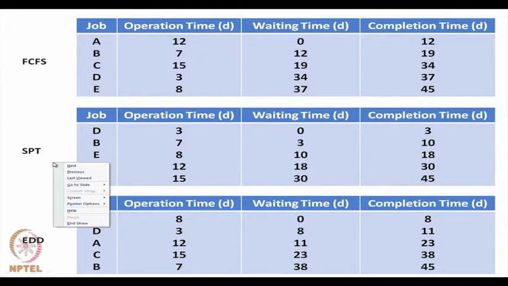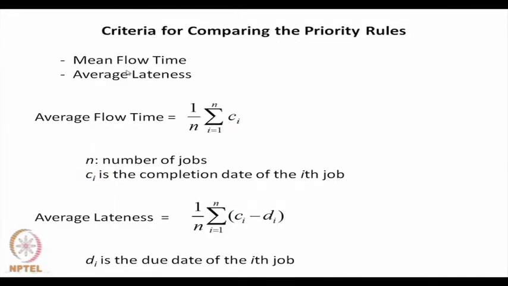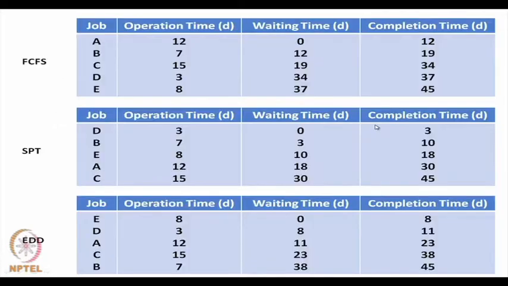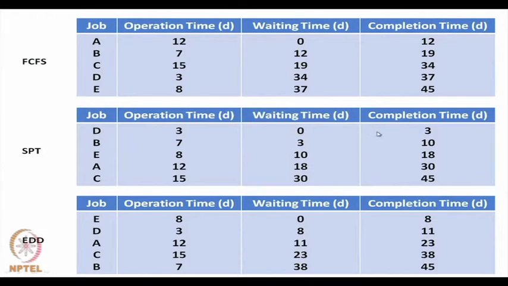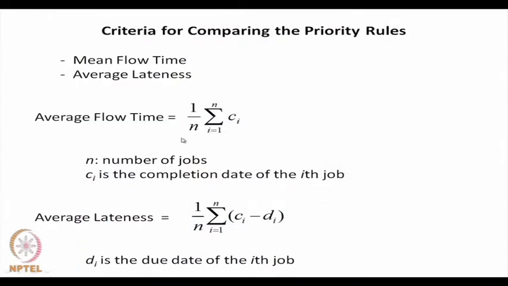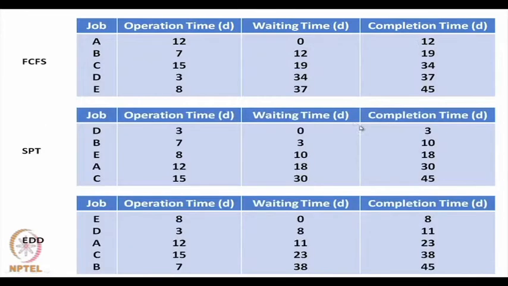Now, recall these two criteria, the average flow time and the average lateness. I have calculated the mean flow time. Mean flow time is the average of the completion times.